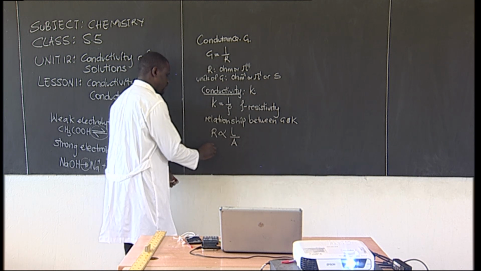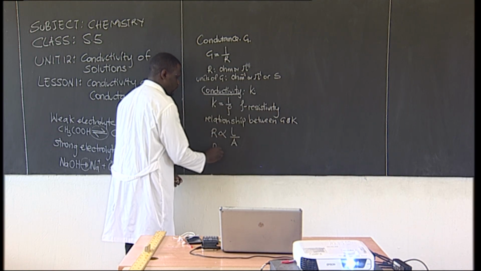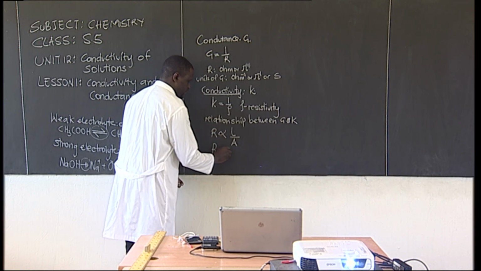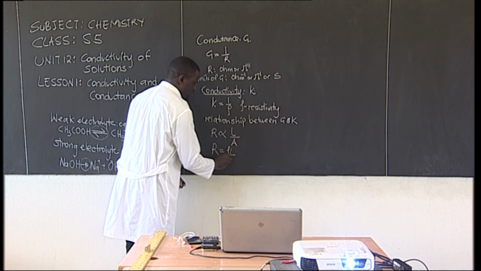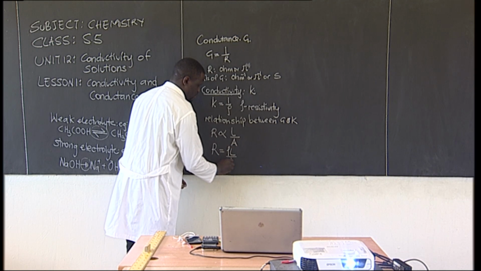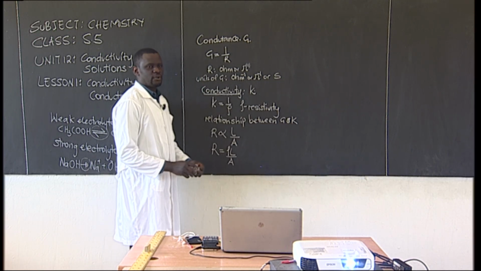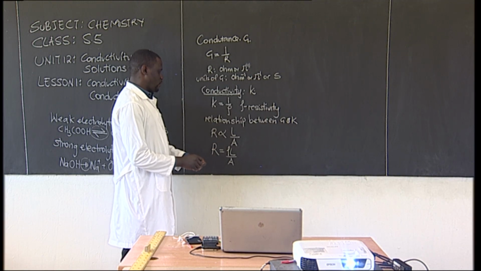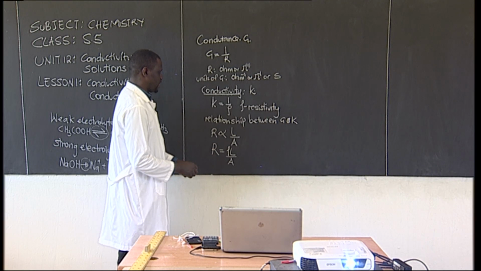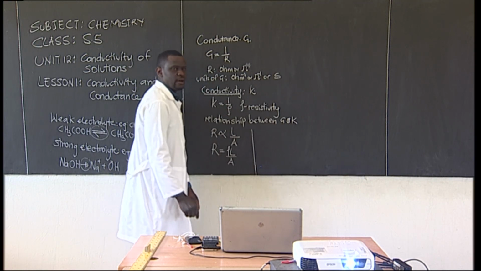So we can remove this proportionality and we put a constant, which is our resistivity, like that. Constant of proportionality. So you recognize that resistivity is a constant of proportionality.